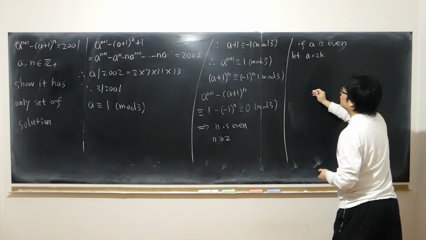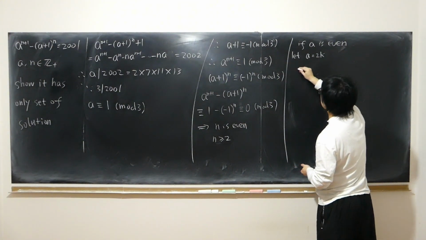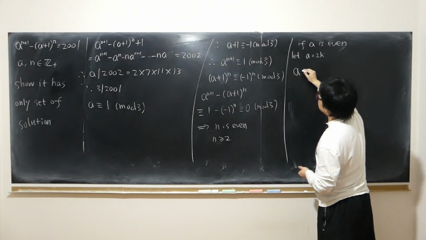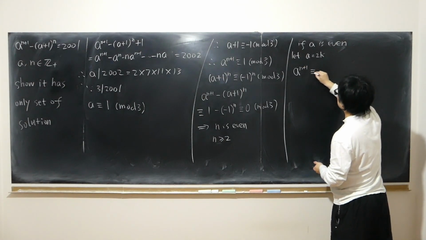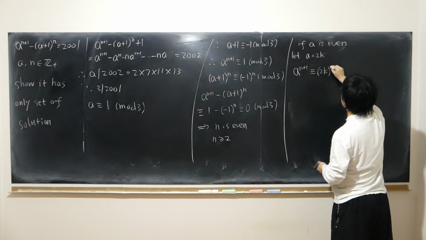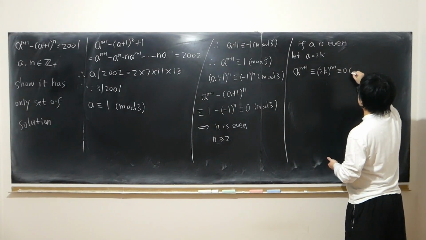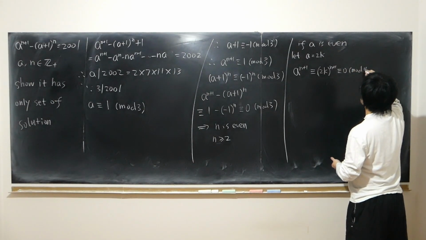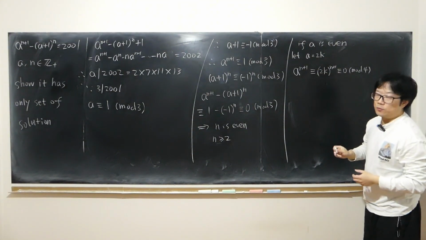This time a to the power of n plus 1 is equal to 2k to the power of n plus 1, which is congruent to 0 mod 4, obviously, because 2 raised to the power of n plus 1 is divisible by 4.